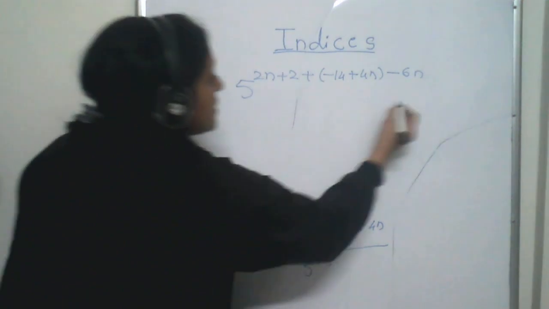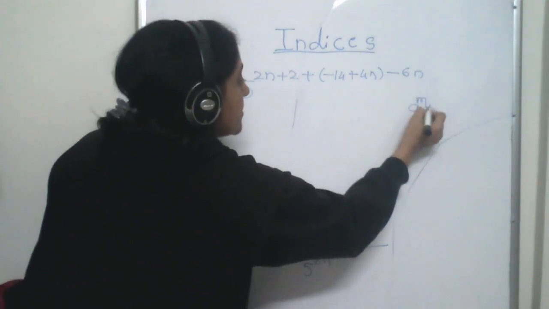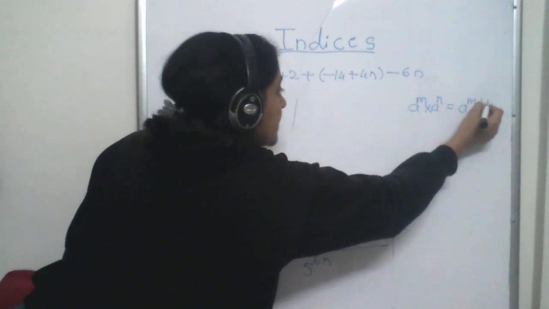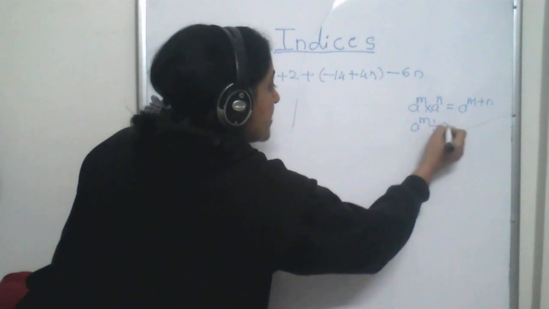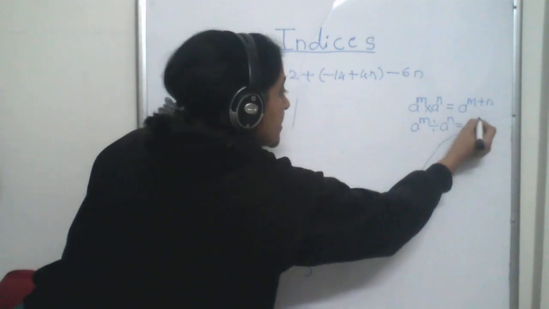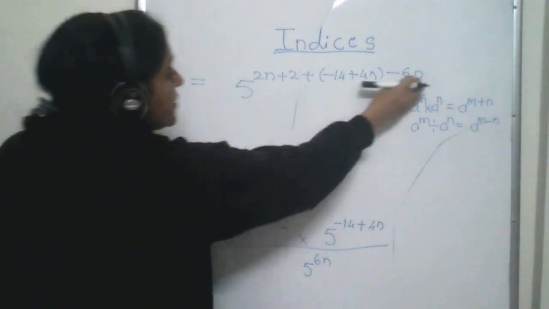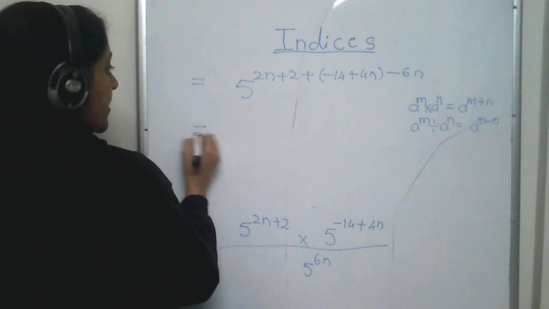Yes, you can. The rules that I have used are a to the power m into a to the power n is equal to a to the power m plus n, as well as a to the power m divided by a to the power n is equal to a to the power m minus n. Now if you ask, ma'am, can we do this later? Yes, you can, but to save time and steps, I have done this.